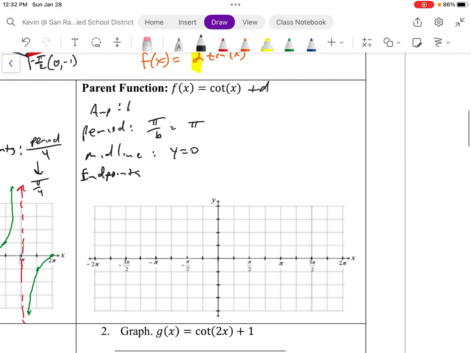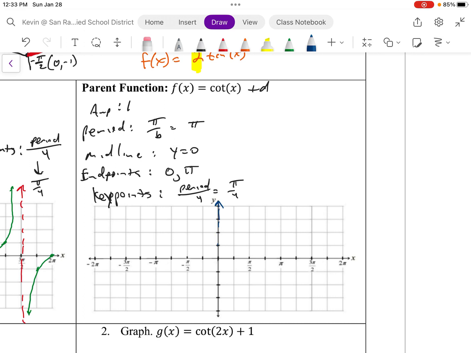The endpoints are from asymptote to asymptote, so for cotangent, that's 0 to pi. And then key points, just like we talked about before, that's the period divided by 4. So in this case, it would be pi over 4. So very similar, but our graph will look a little bit different.